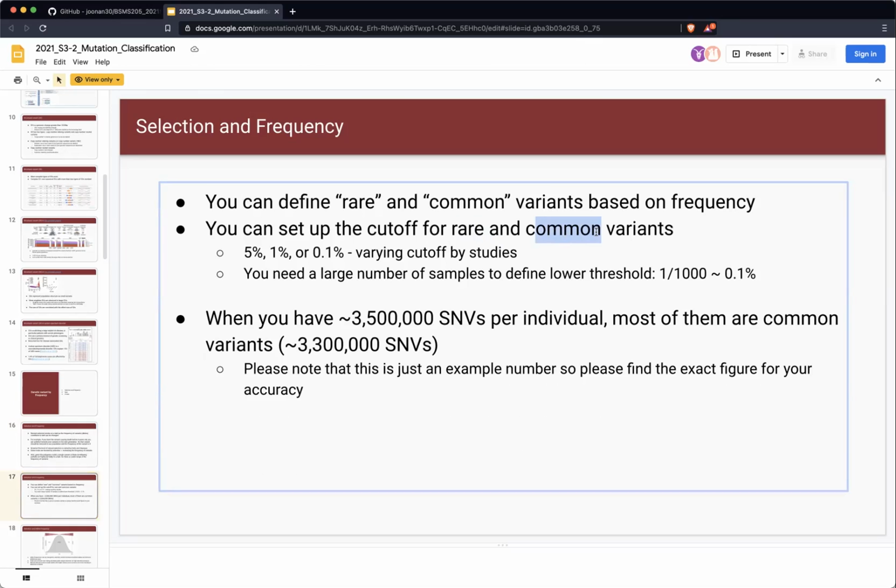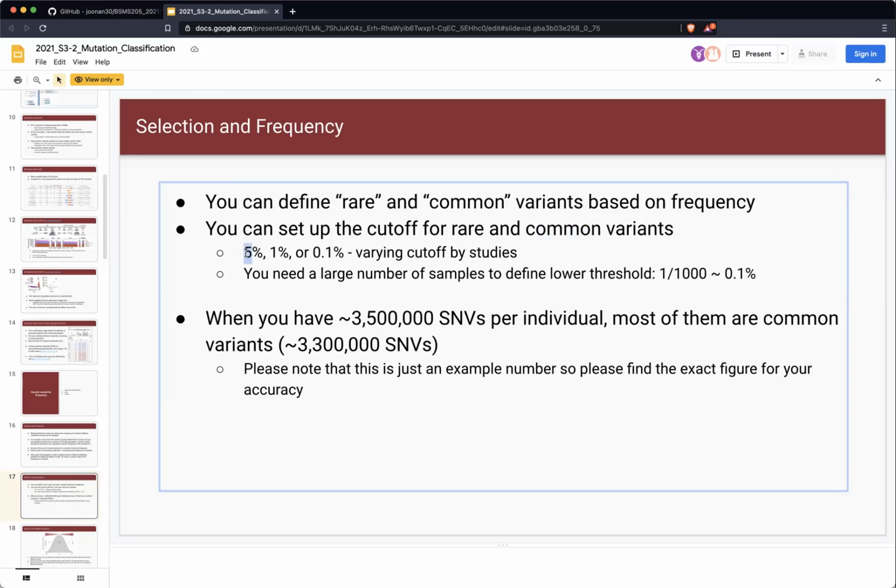But one tricky thing is that the cutoff to define rare variants or common variants is quite different between studies. When genetic studies were done earlier, like 2000 or 2005, people defined common variants as around 5%. So if the allele frequency is greater than 5%, then you define this variant as probably a common variant, and with less than 5% allele frequency, you define this as a rare variant, right?